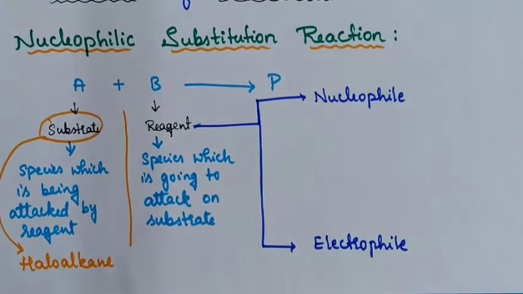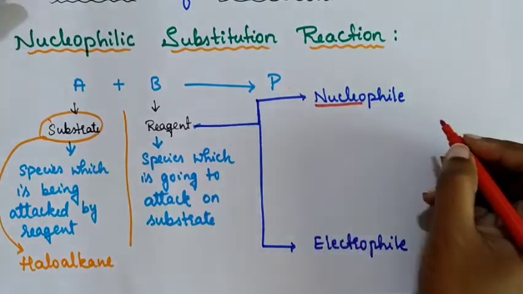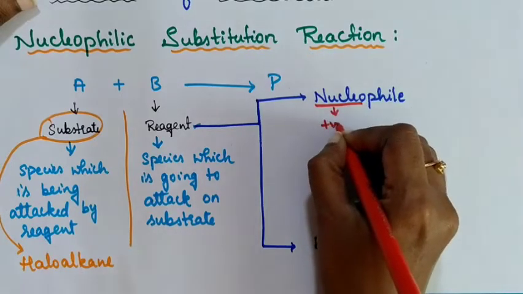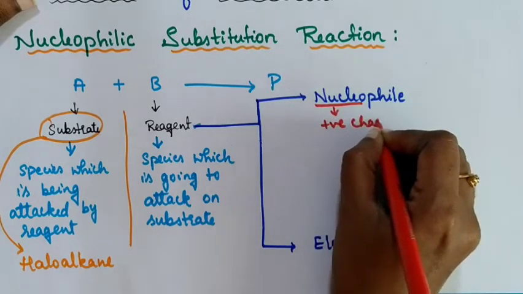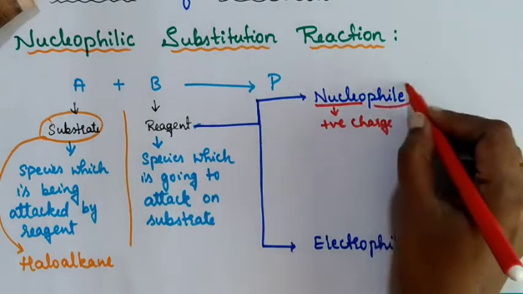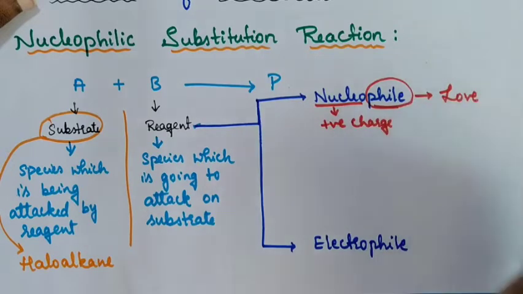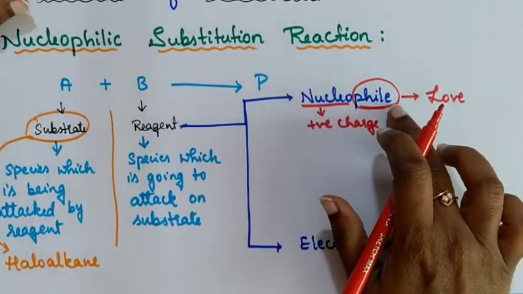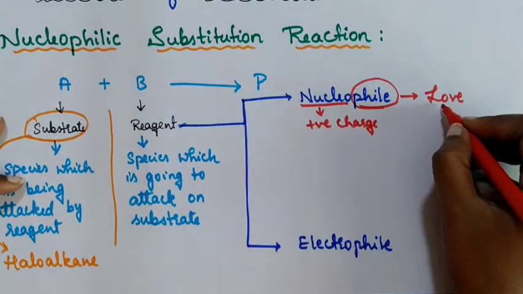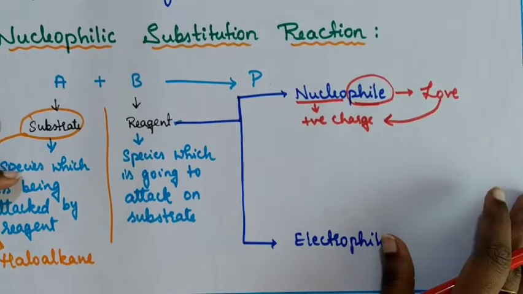What is this nucleophile? Nucleo stands for nucleus, or in other words it is referring to positive charge species. Nucleo means positive charge species, and phile or philic means love. So nucleophile, the word itself is saying that it is going to show some love towards positive charge.